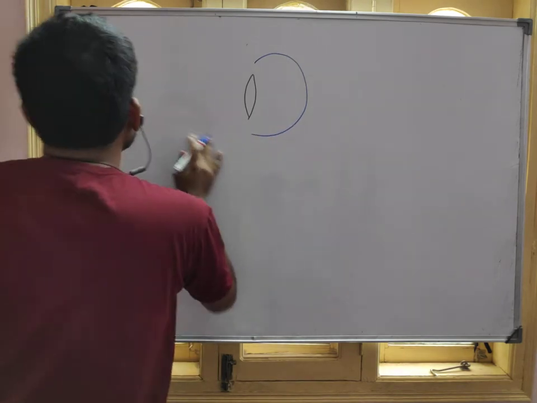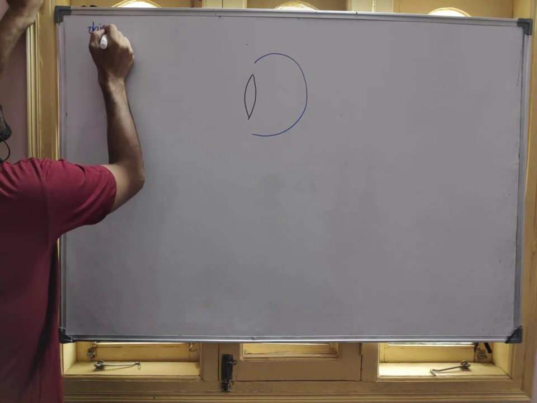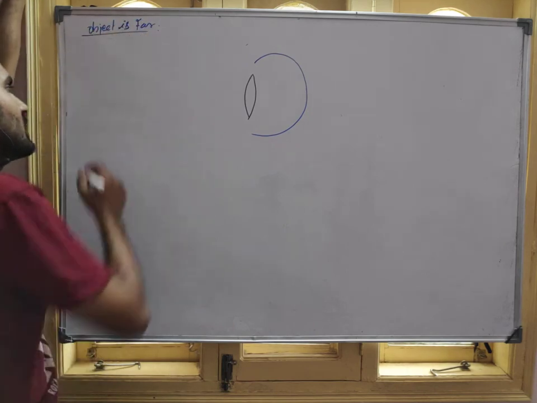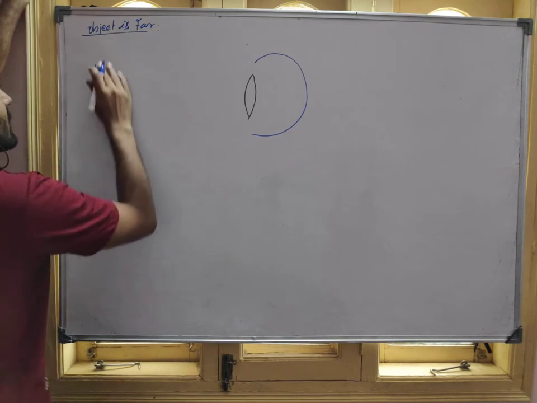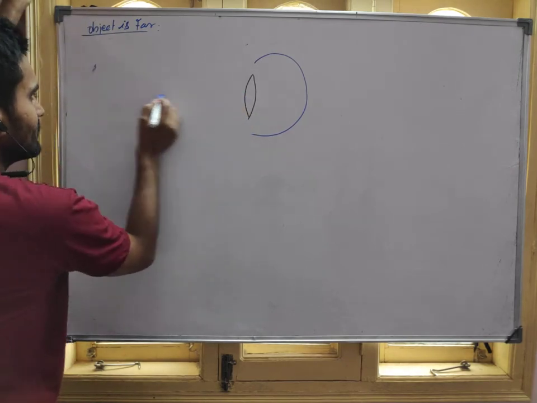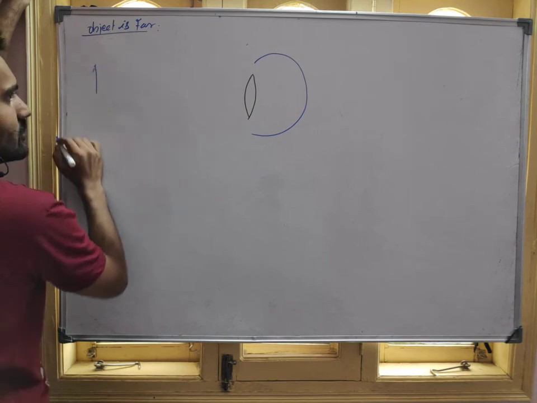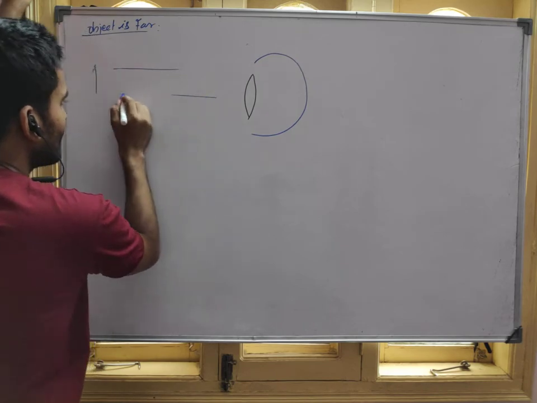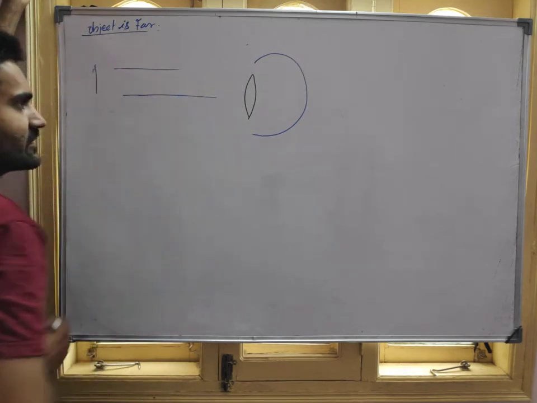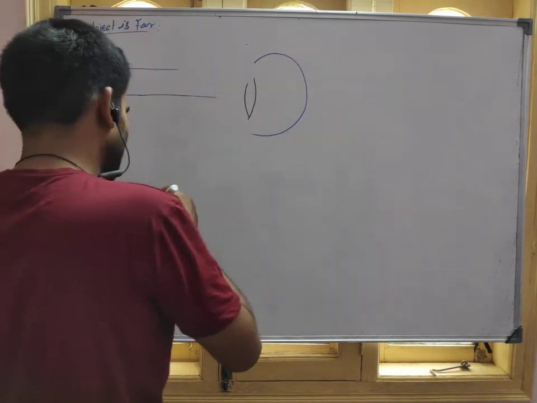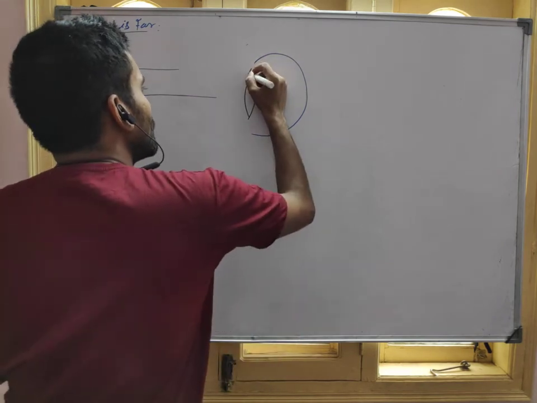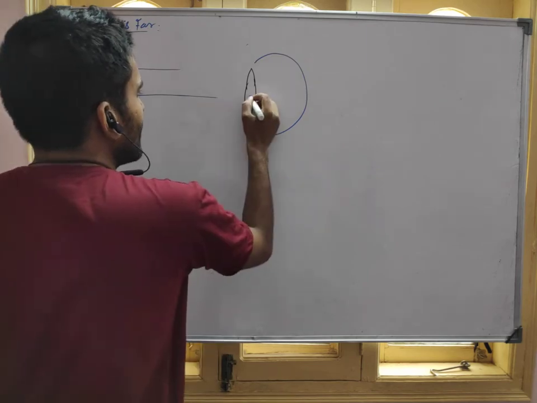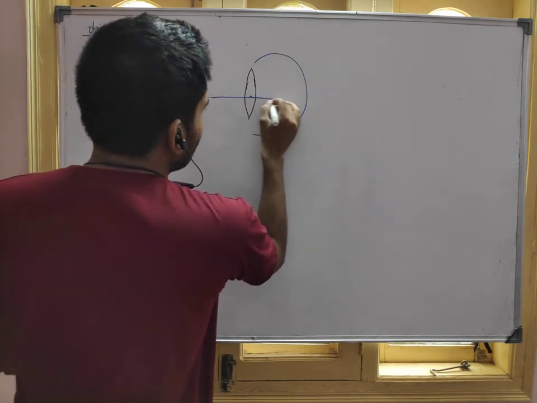Okay, so when the object is very far, let's say the object is here somewhere like this. The lines are coming parallel to this, right? As the light goes, one ray will pass through the center and will go undeviated.